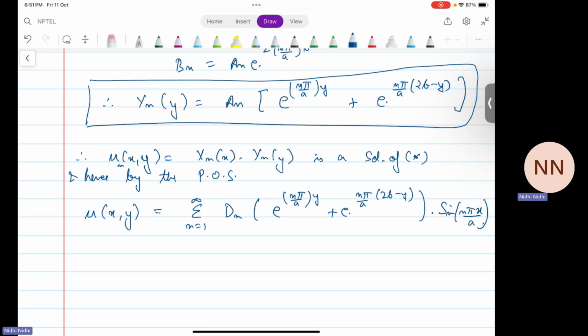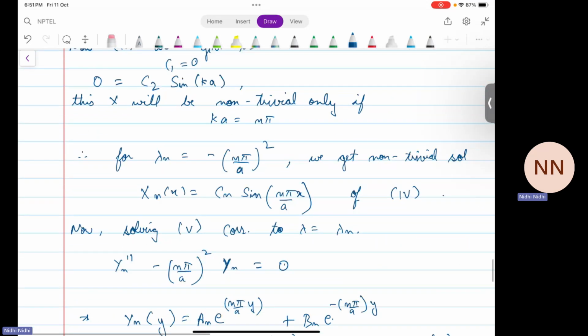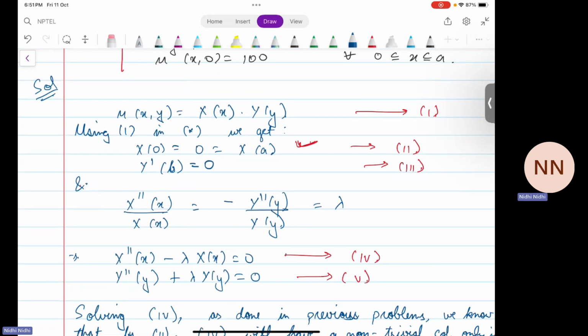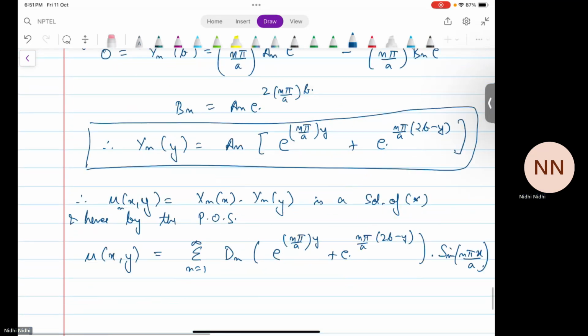So we are left with just one boundary condition, u(x,0) equals 100.